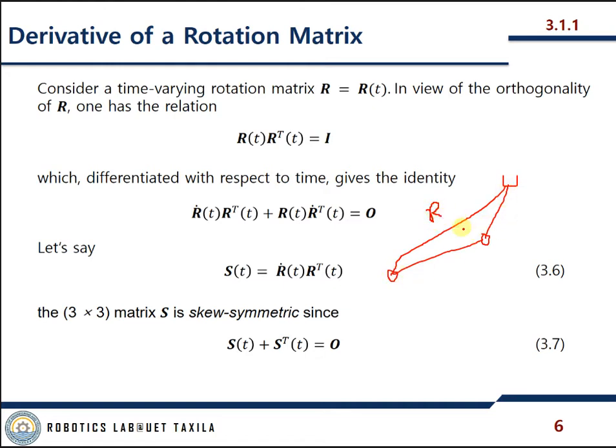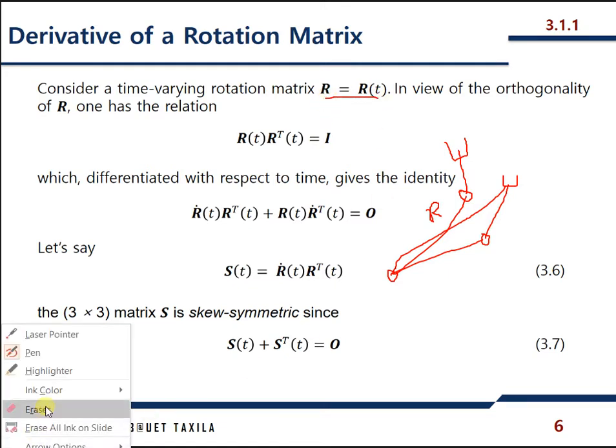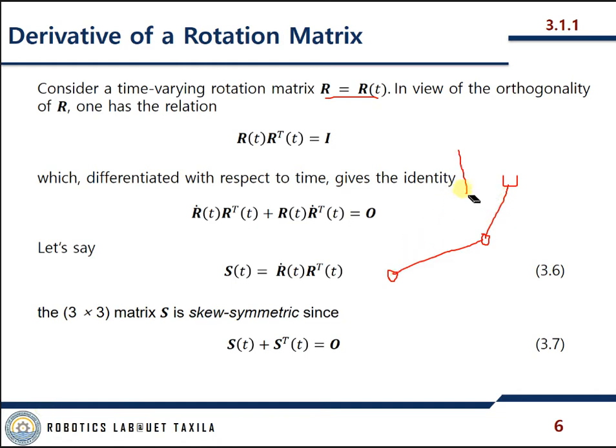But when this joint is over here like this, the rotation matrix is different for this orientation. So if the robot is moving, this rotation matrix is constantly changing, and that is why we say the rotation matrix is a function of time.